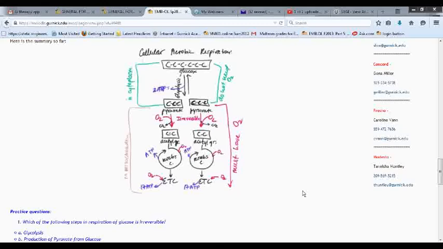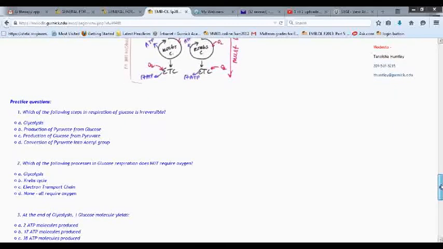So bottom line, up until pyruvate, you don't need to be in the mitochondria and you don't need oxygen, but you only make 2 ATPs. From pyruvate and for the rest of the processes, you do need oxygen and you need to be inside a mitochondria if you want to make the rest of the 38 ATPs.